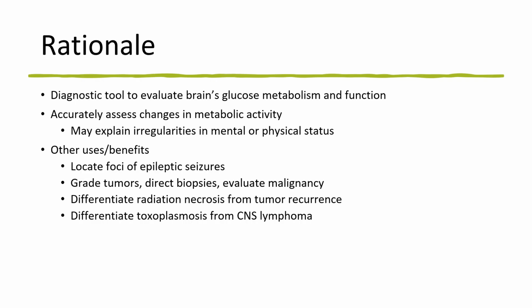Some other benefits, looking at epileptic seizures, grading tumors, directing biopsies, evaluating malignancy, and something that is seen on other imaging, differentiating between radiation necrosis and tumor, and differentiating toxoplasmosis from CNS lymphoma.